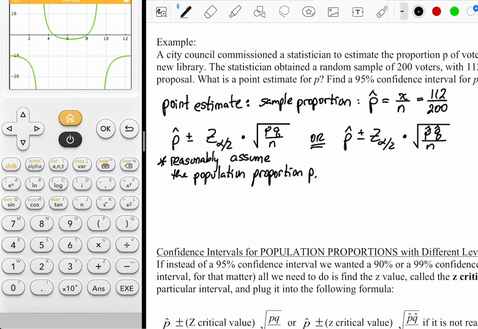I don't want to say most of the time, but very frequently, we're not going to be able to make that assumption. If we're estimating the proportion P, it is possible that we go into the problem having no sense of what it's actually going to be. A quick example would be an election between two individuals.